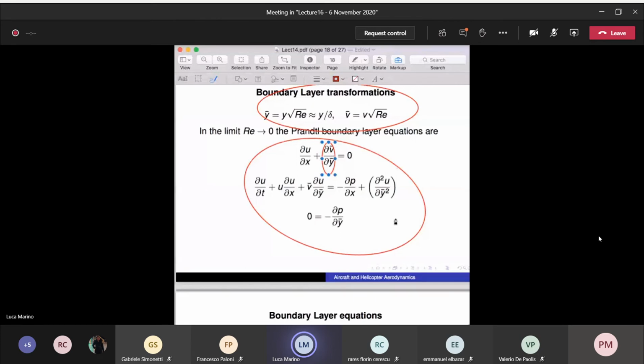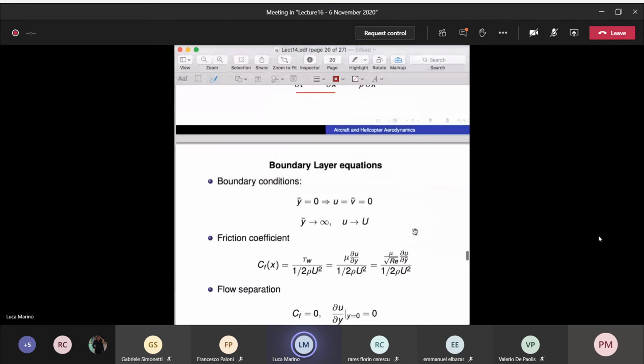So we cannot give a boundary condition on V with respect to X. And moreover, we can give just one boundary condition on V, the normal component, with respect to Y. So pay attention, because if I say that at the wall Y equal to 0 both components of the velocity are equal to 0, I have already spent the unique condition that I can give on the component V. Okay?